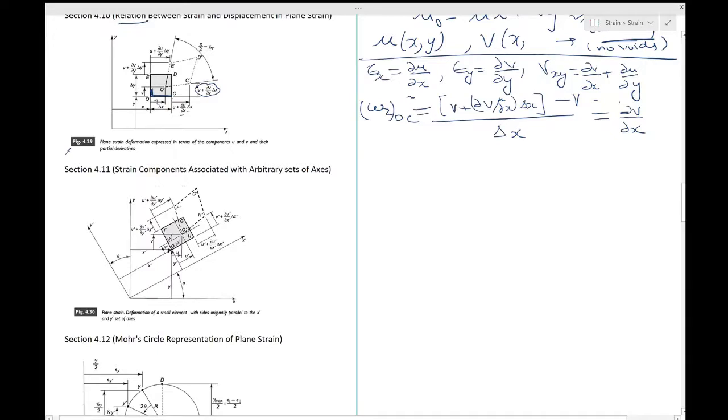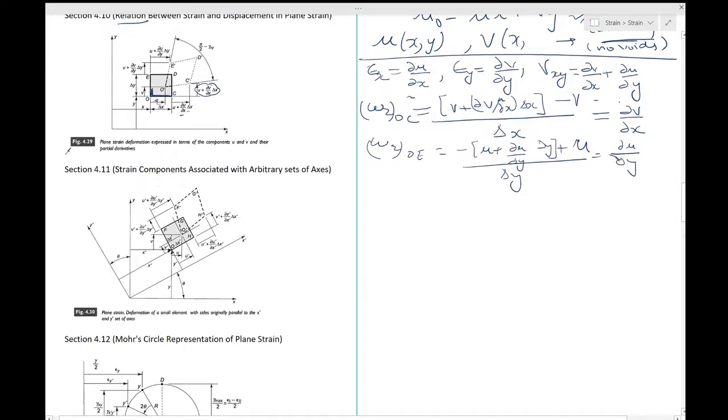Similarly for the line OE, you should be able to write this as a minus of u plus dou u by dou y delta y minus u, divided by delta y, equal to dou u by dou y.